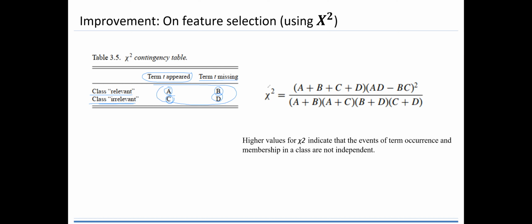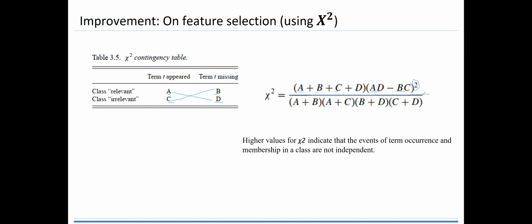After we have these numbers, we can calculate the chi-square with this formula. So this formula: a plus b plus c plus d, all the values, multiplied by a multiplied by d minus b multiplied by c, then power of 2.